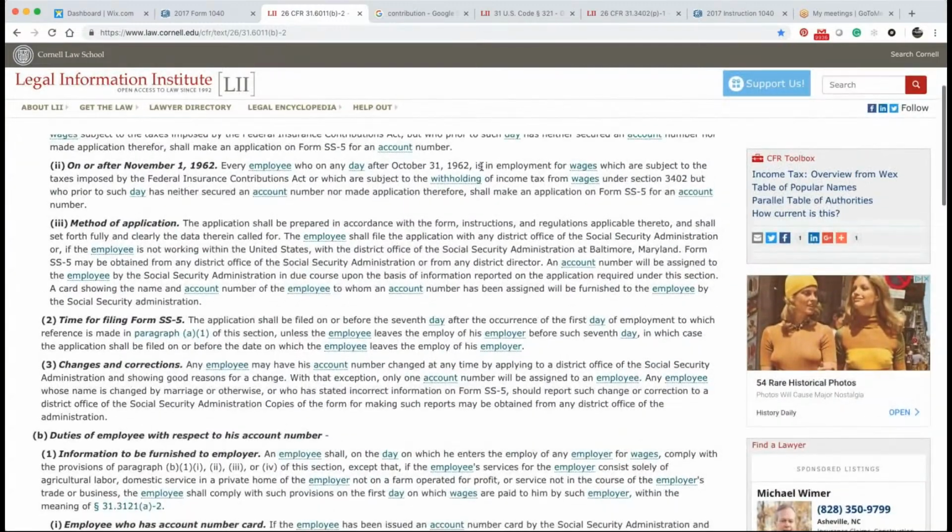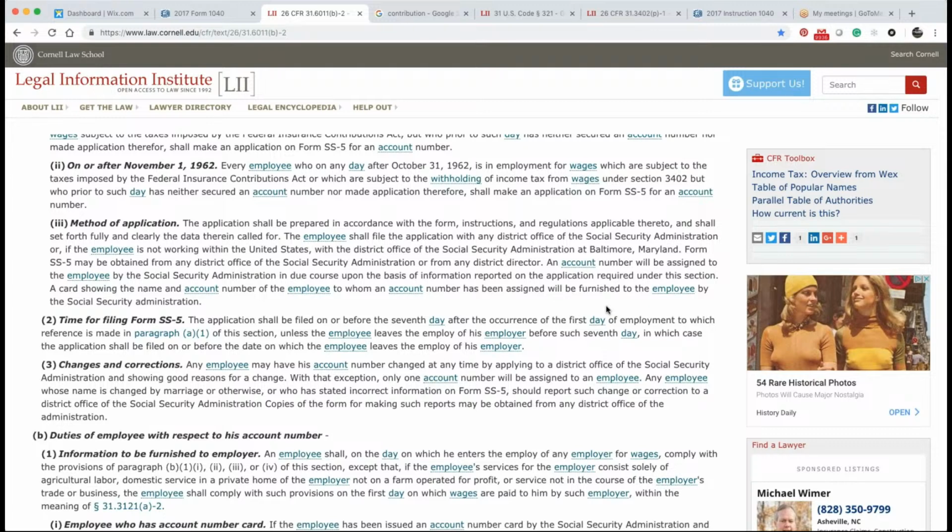3, Method of application. The application shall be prepared in accordance with the form, instructions, and regulations applicable thereto, and shall set forth fully and clearly the data therein called for. The employee shall file the application with the District Office of the Social Security Administration, or if the employee is not working within the United States, with the District Office of the Social Security Administration at Baltimore, Maryland.